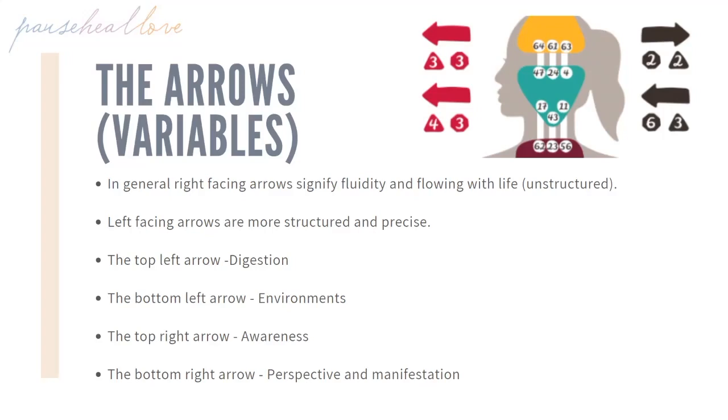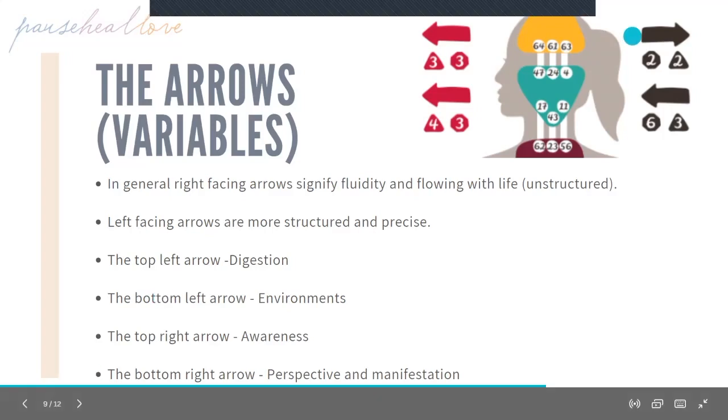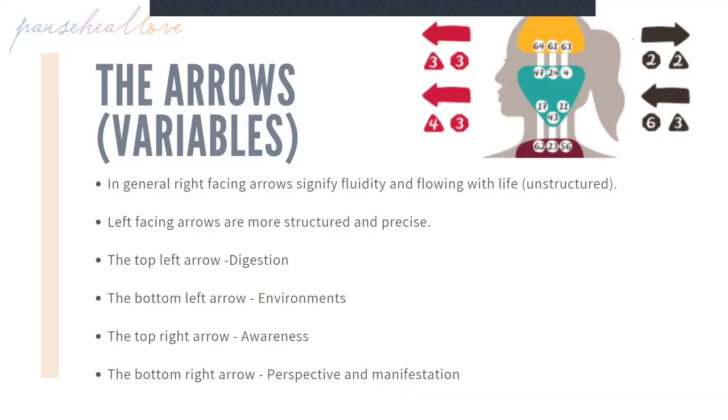So, in general, right facing arrows signify more passive feminine energies, fluidity, and flowing with life, meaning they're more unstructured. Left facing arrows are more structured, precise, and carry masculine energy.